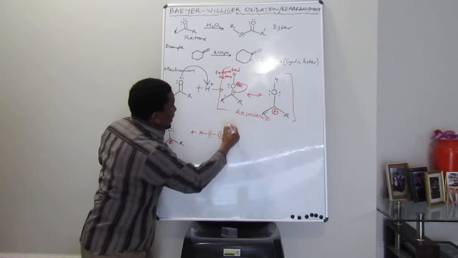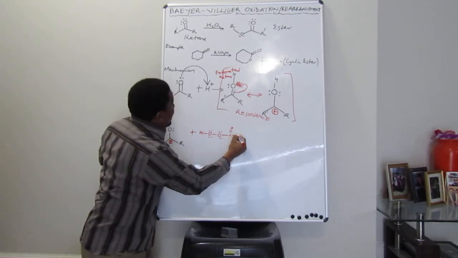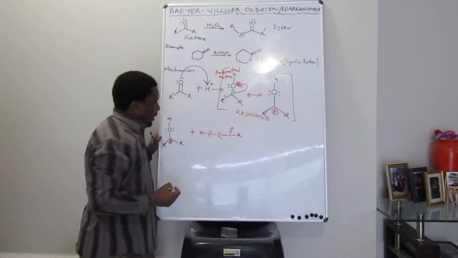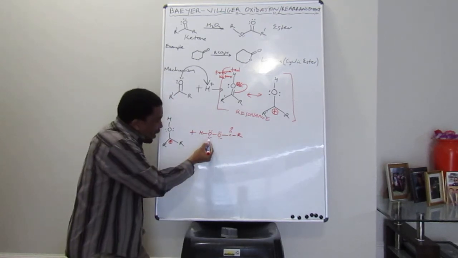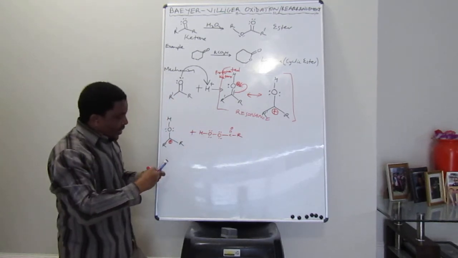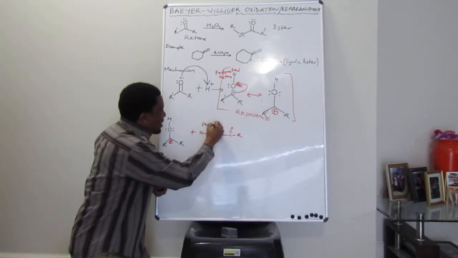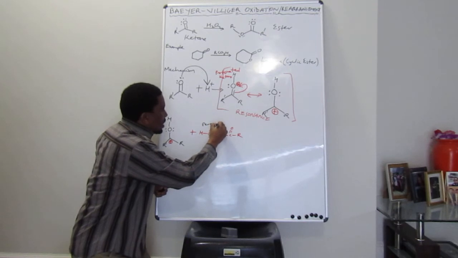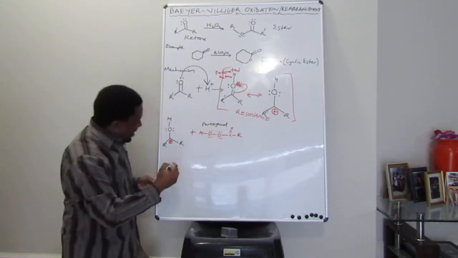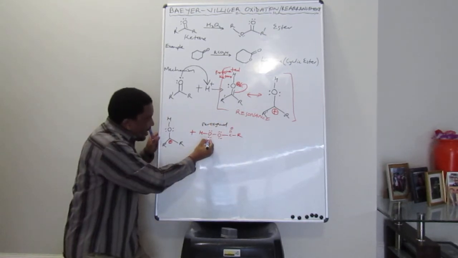But in this case, this is C double bond O and let's say R there. Now, this peroxy acid, peroxy acid.